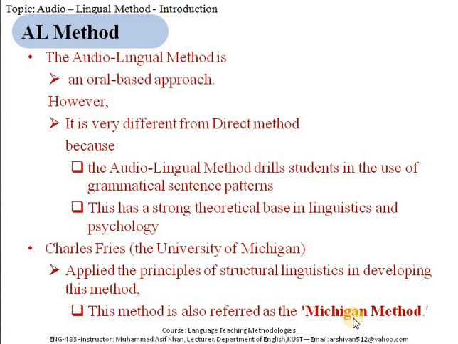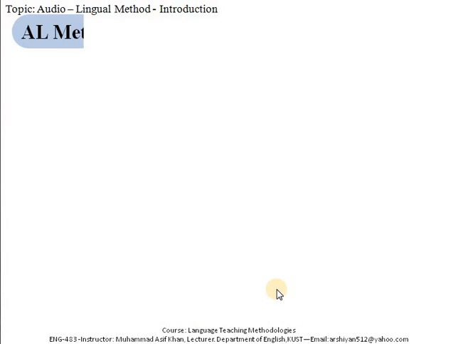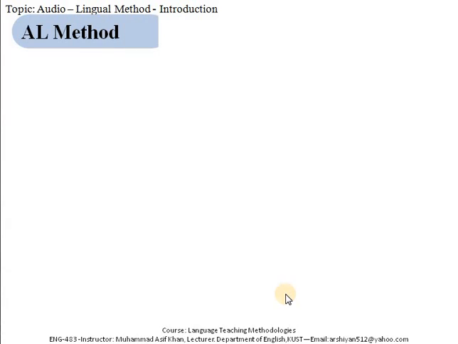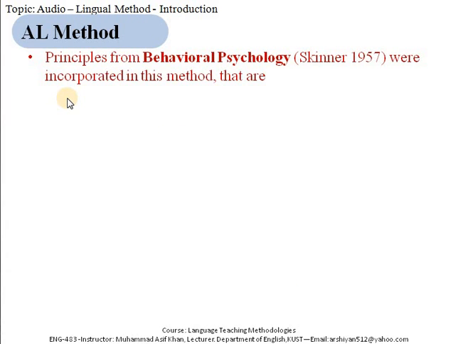The oral approach of Charles Fries suggests that language should be taught by using intensive oral drilling of the basic patterns of that language. So this method basically emphasizes proper pronunciation and intonation, but later on we see that some other developments occurred in the initial suggestions given by Charles Fries.